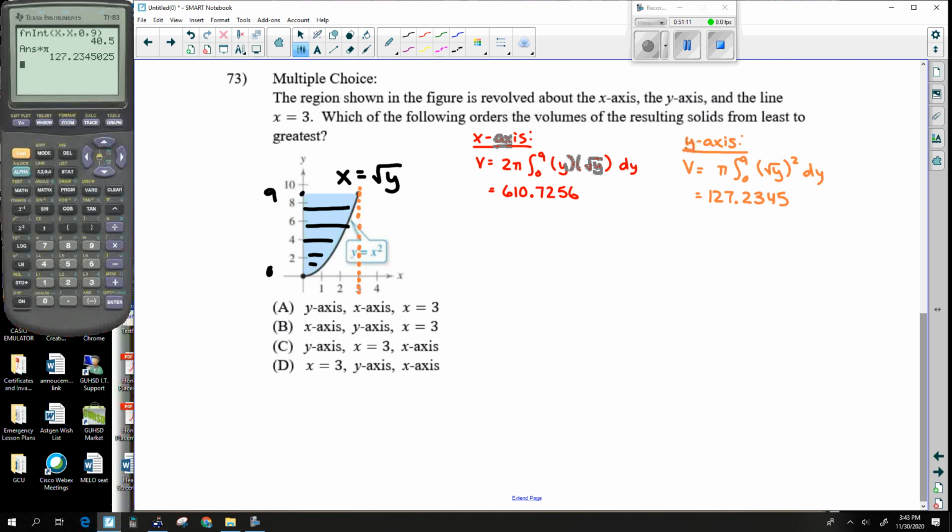So again, that is a vertical axis. That's awesome. So we are going to do the disk method, but the big radius is now going to be 0, and the little radius is going to be the square root. So this is now the big radius right there, which is technically x is equal to 0.